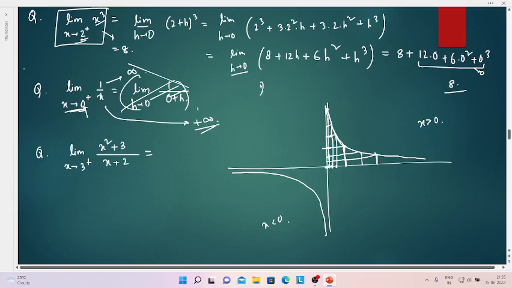So limit x tends to 0 plus of 1 by x will become positive infinity, because x tends to 0 plus means x is very close to 0 in the positive direction. So 1 by x will become positive infinity.